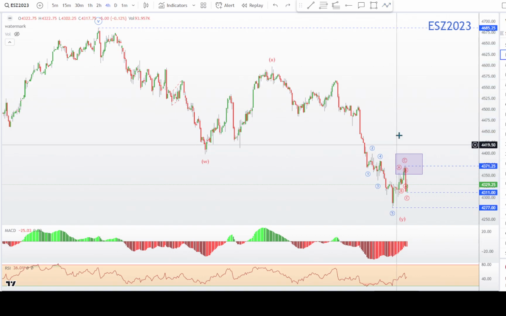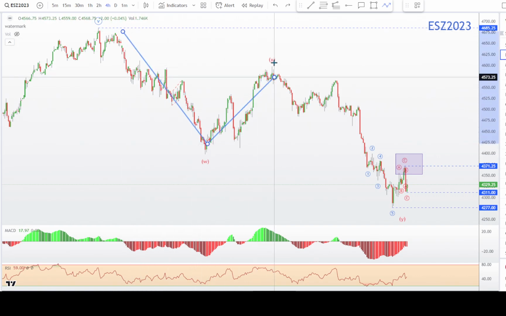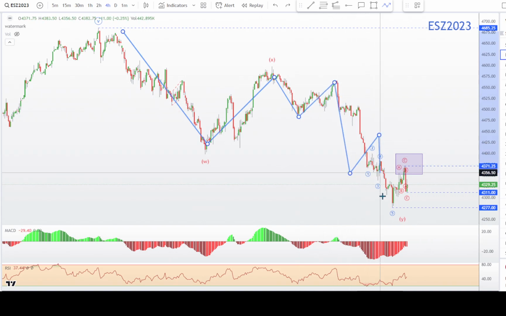I thought they were going to come down, that this was going to be A, B, and then the start of an ending diagonal, with 1, 2, and then they come down for 3, 4, and 5. But they didn't do that.